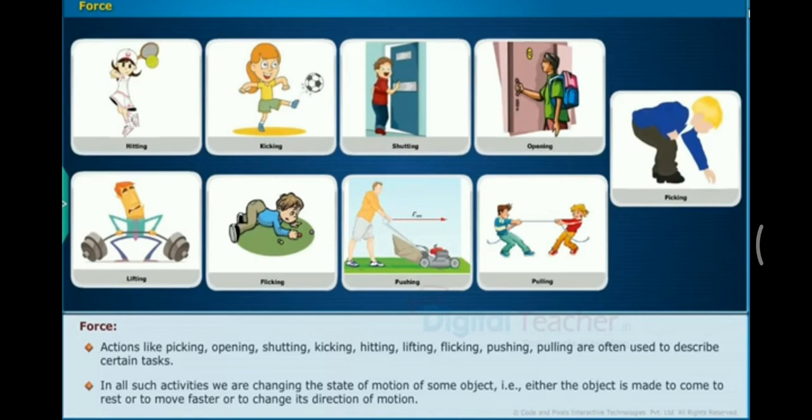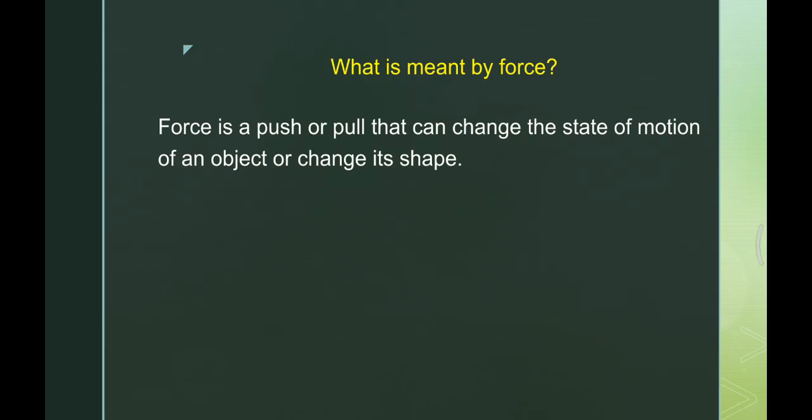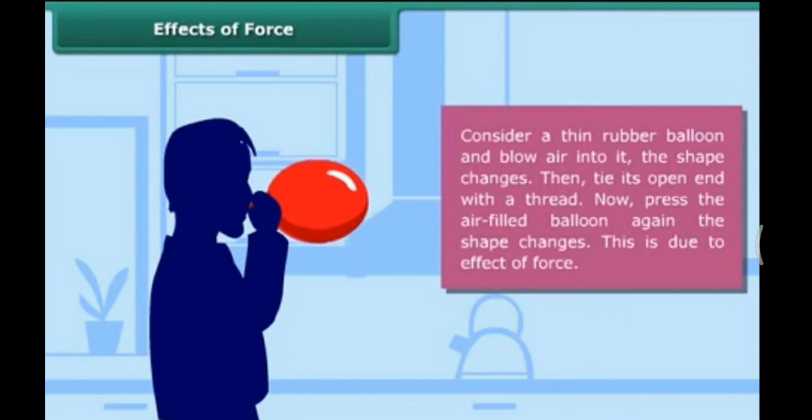This action results in some change in the motion of an object, which is due to the force. So we can easily define force. Force is a push or pull that can change the state of motion of an object or change its shape.